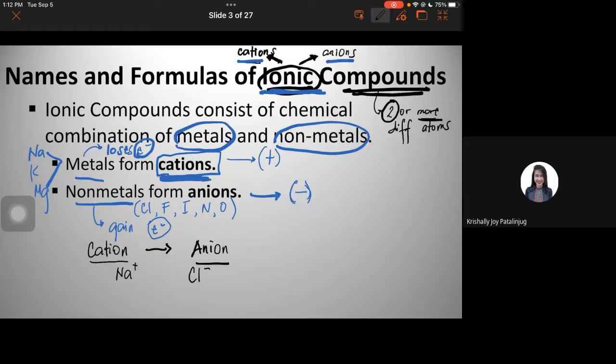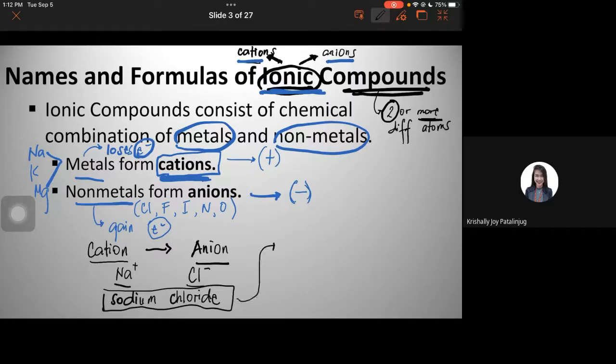I told you to memorize the list of ions and their names. The ionic compound formed from these ions would be sodium chloride.